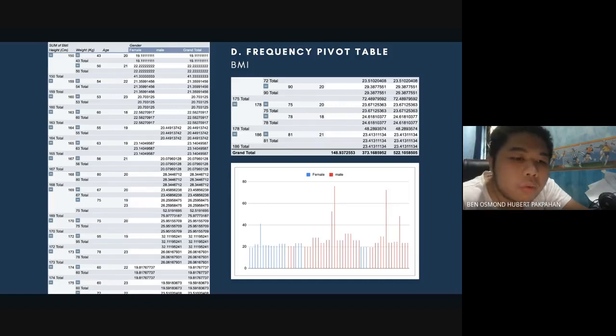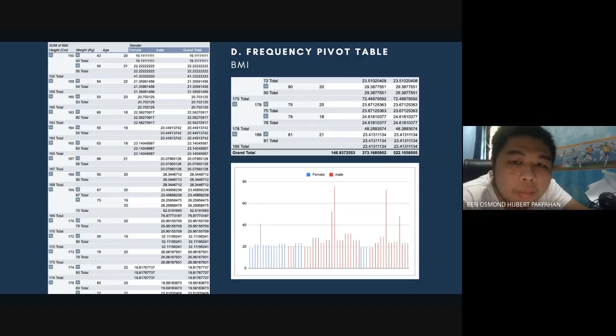For 163, 164, and 165 there is only one each. Moving on to 167 centimeters, there are two data points. The first weight is 80 and the second is 67.